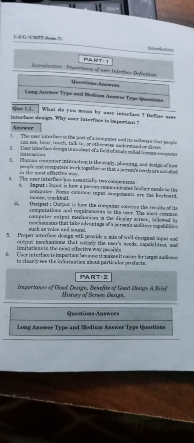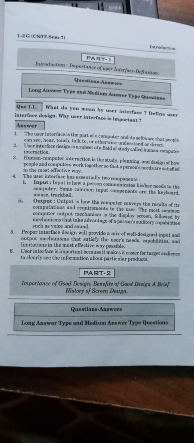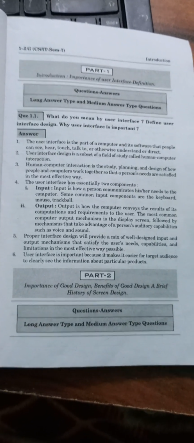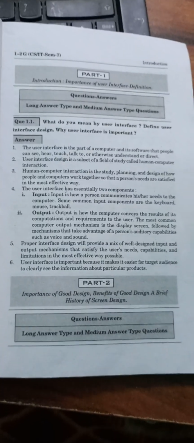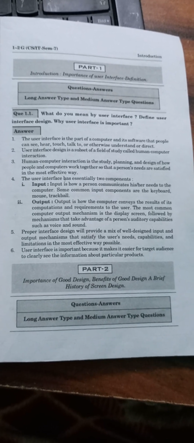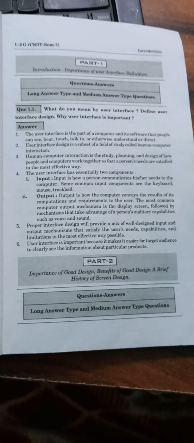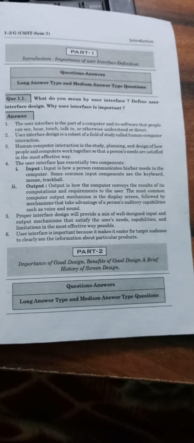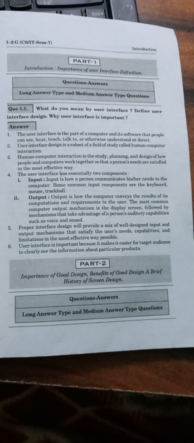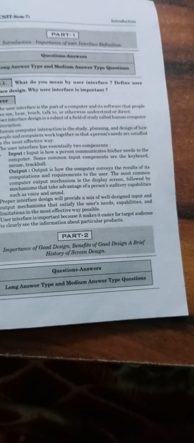Now, third point, human computer interaction is the study, planning, how to plan to make a website user friendly, and the design of how people and computers work together so that the person's needs are satisfied in the most effective way. If you are interacting with a website that is more complex, most of the people would not use that website.